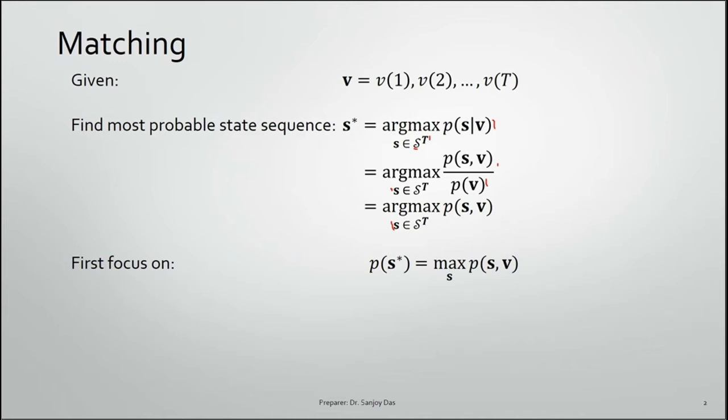And we shall first focus on how to find the max of the joint probability before we do the argmax. So instead of finding the conditional probability, the argmax of the conditional probability is the same as the argmax of the joint probability. So we will find the joint probability instead.